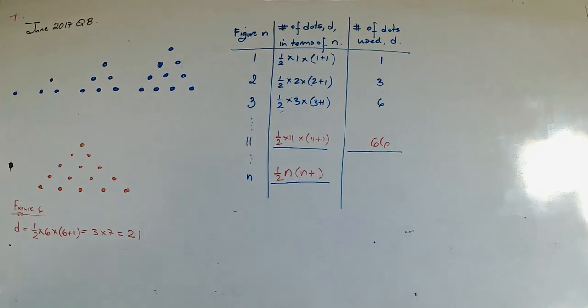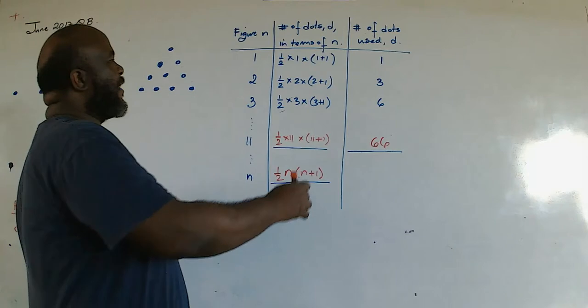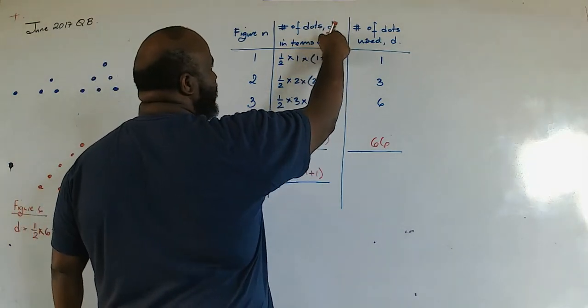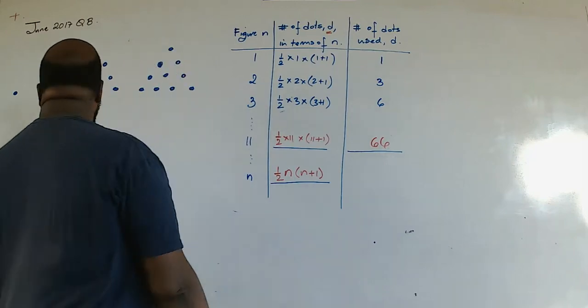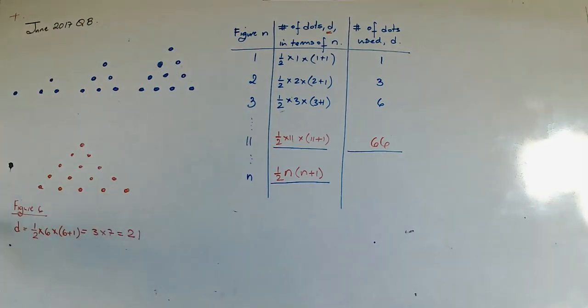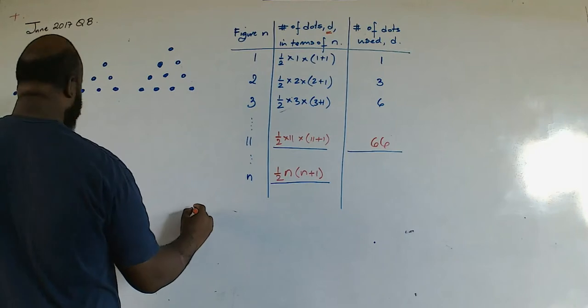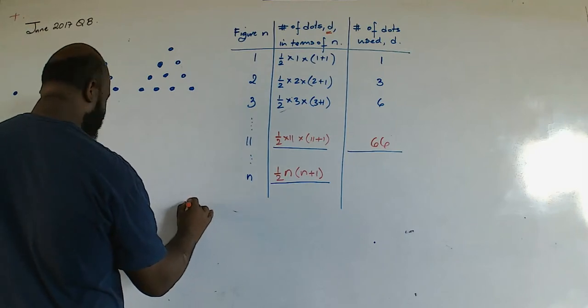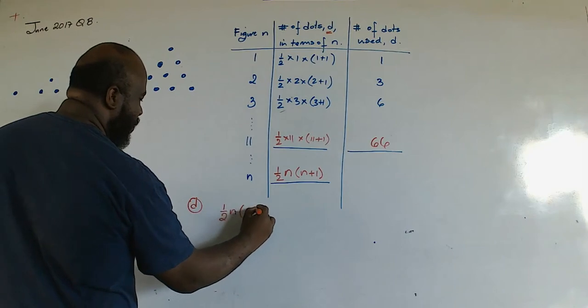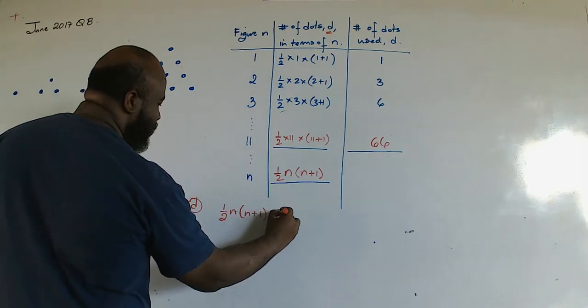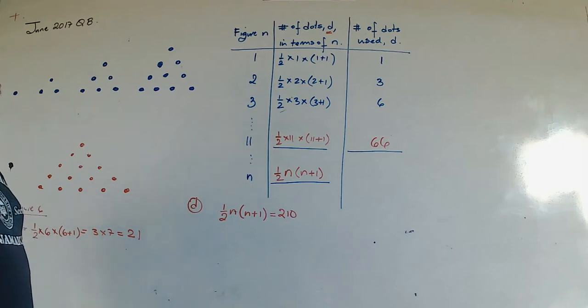Now, they said, determine which figure in the sequence has 210 dots. Remember, this formula calculates the number of dots. So this is D. A half n times n plus 1 is equal to 210.